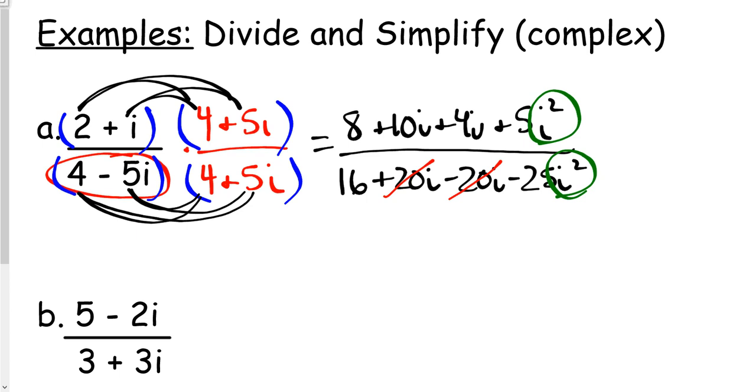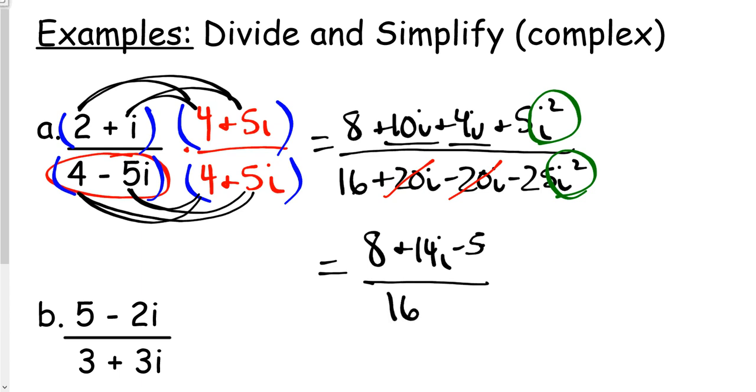And I've got some like terms in the numerator that I can add. So 10i plus 4i is 14i. And instead of plus 5i squared, that's really minus 5. Down here in the denominator, we've got 16, and instead of minus 25i squared, it's really going to be plus 25.